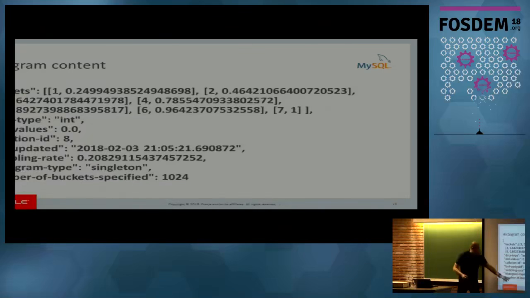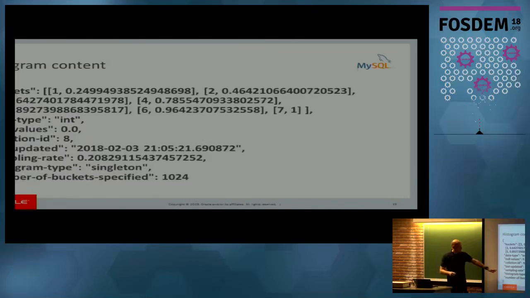And the number of buckets specified. I forgot to mention that in the syntax. You have this WITH n BUCKETS clause where you can specify how many buckets are used. And this part is stored because when you do a mysqlpump or dump, it will actually put the analyze table commands into the dump file, so that when you load it again, you will get the histograms recreated.